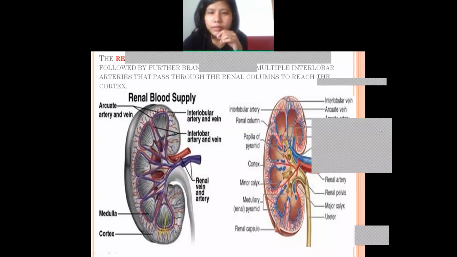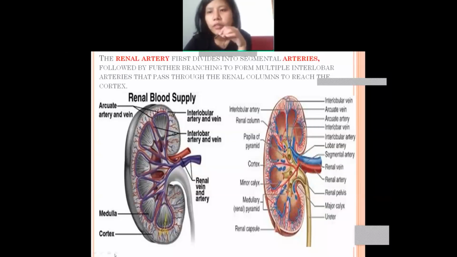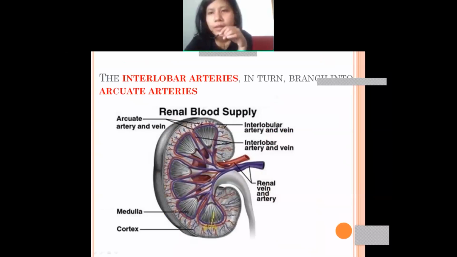Okay, after the cortex, where will the blood pass? After the cortex, it will go to the arcuate arteries. All these are the arcuate arteries.